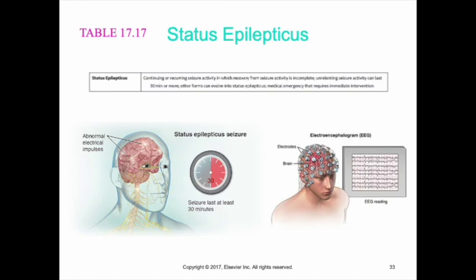The seizures are unrelenting and can last 30 minutes or more in totality. The other forms can evolve into status epilepticus. So the other types of seizures that we've talked about, if they don't resolve, can turn into status epilepticus. It is a medical emergency and it does require immediate intervention. You will learn more in your med-surg class what those interventions are, but this is a medical emergency.